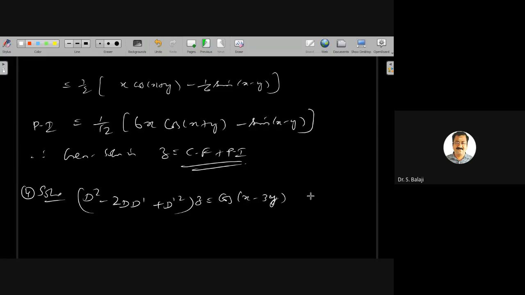A simple problem only. Yes, all of you try in the same manner and give your answer here. What are the roots and what will be your particular integral? Please tell that. What will be the complementary function and particular integral?